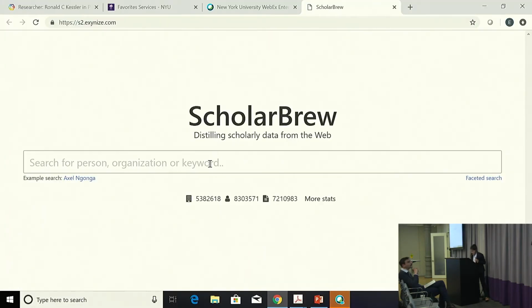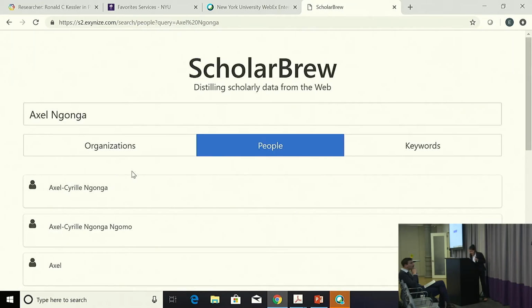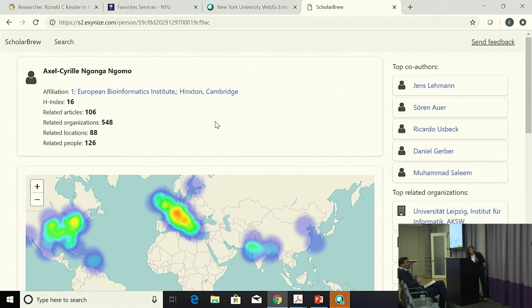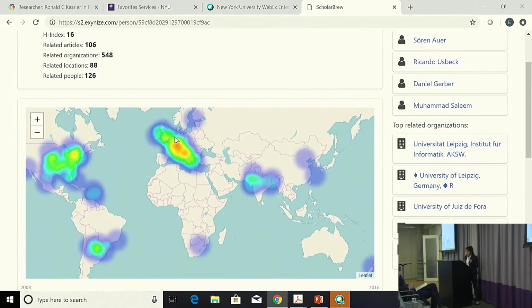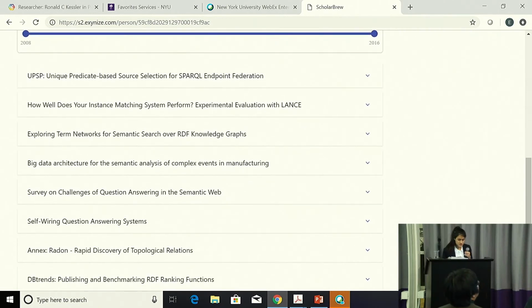So if I do this entity-based search, then I get a lot of entities with the name, and yeah. So now here we can have the geospatial information of this entity, like where the entity is doing his research, where he is affiliated with, who are the top co-authors, and what kind of publications he publishes.